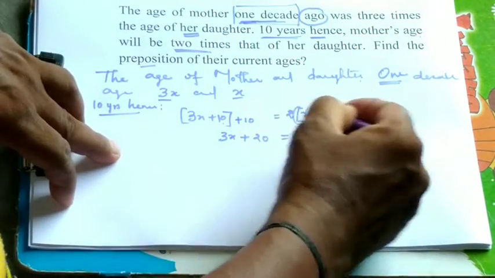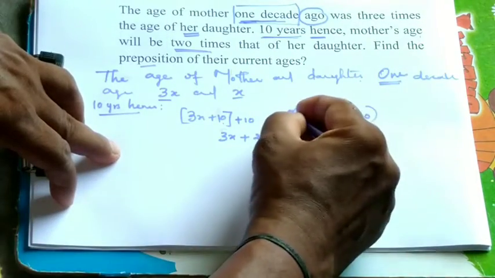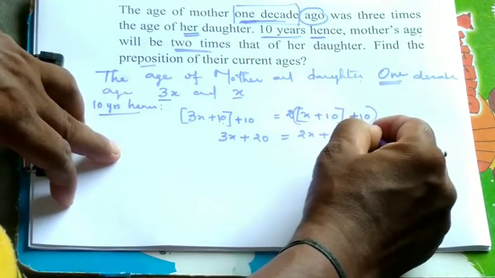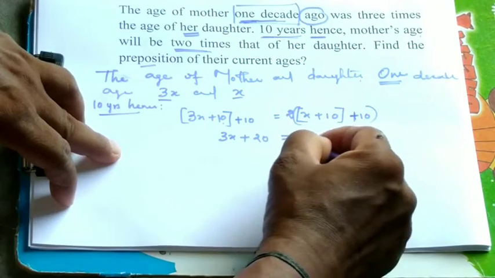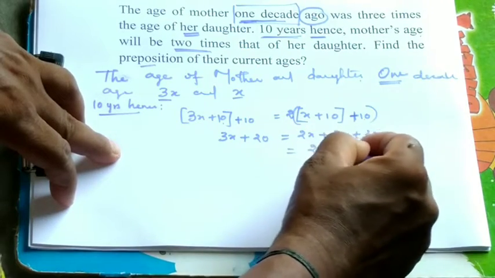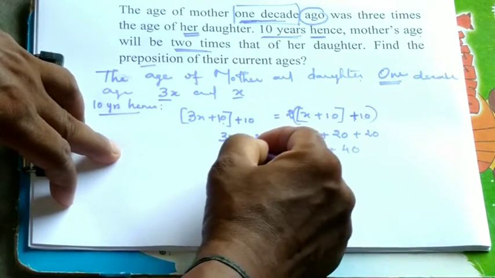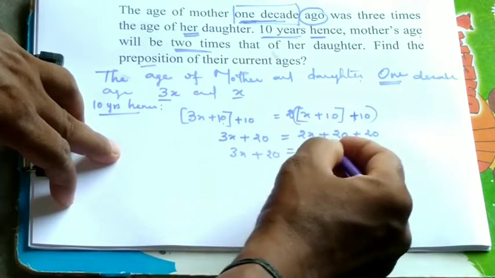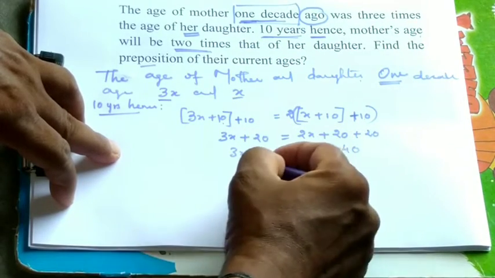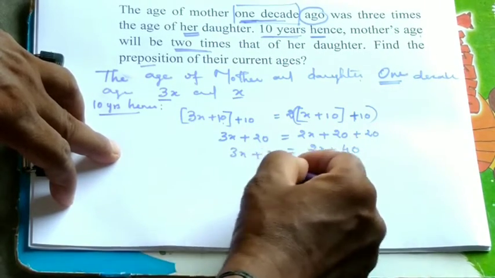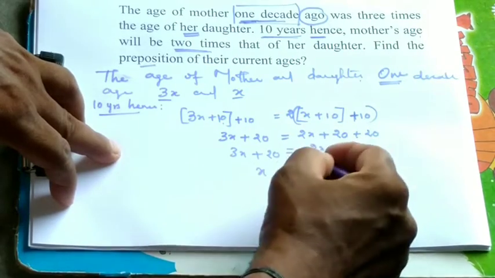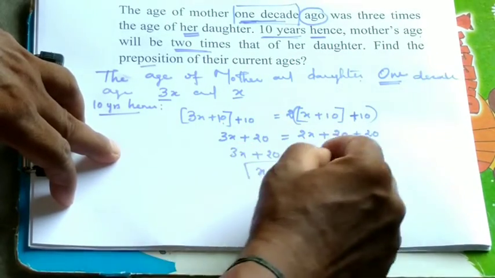The twice comes after adding 10 only, so here this also comes 20. Therefore 2x plus 40, 3x plus 20. Now simplifying, 3x minus 2x becomes x, 40 minus 20 is 20. The x value becomes 20.